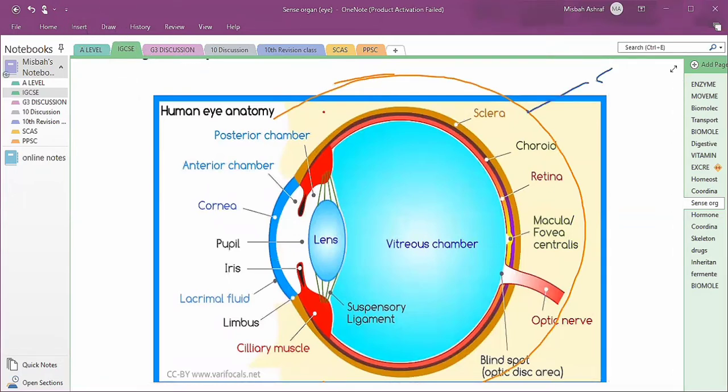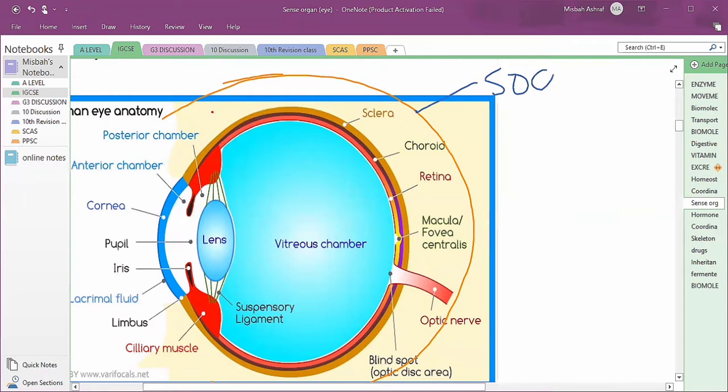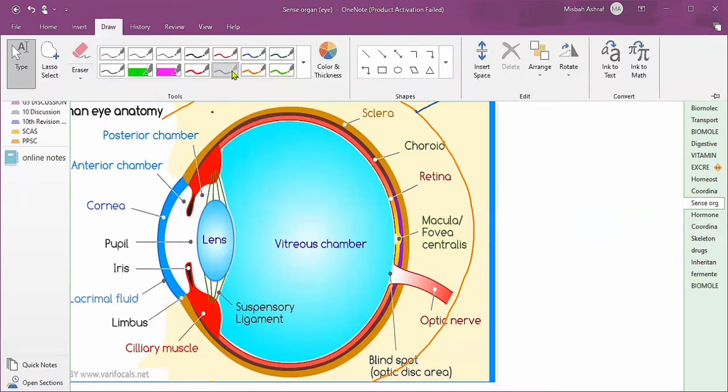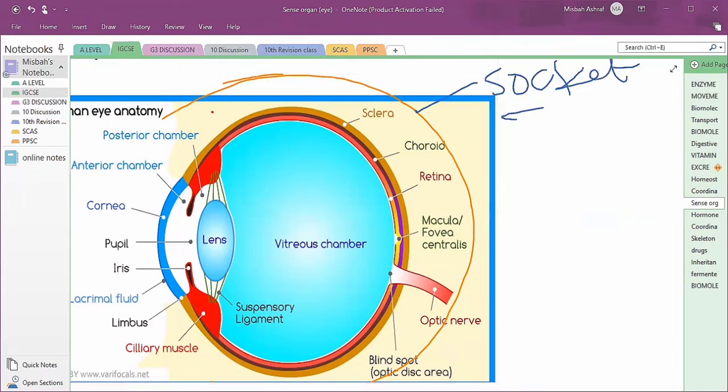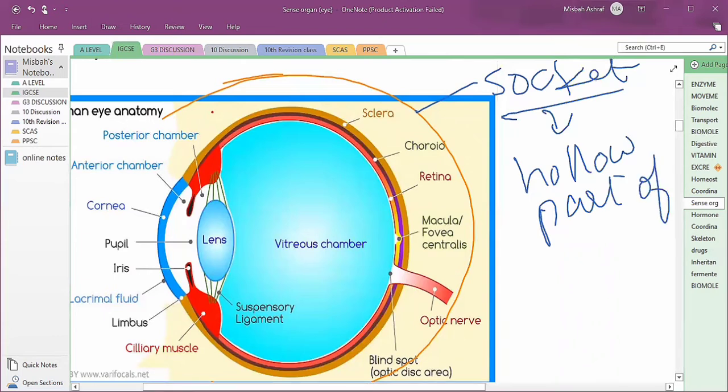It is known as the socket. This is the bony hollow part. Socket is the hollow part of the skull into which this eye is located.